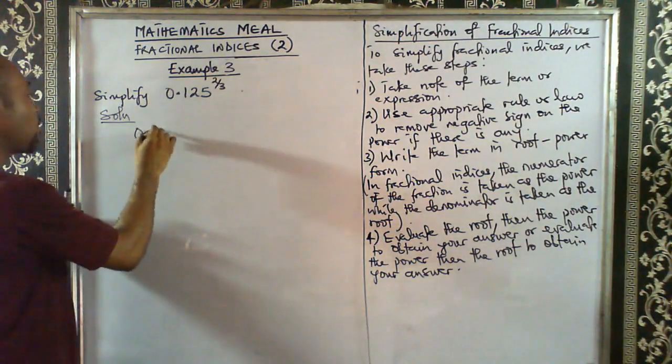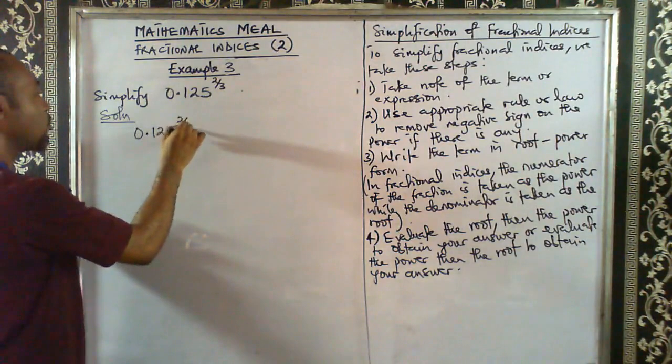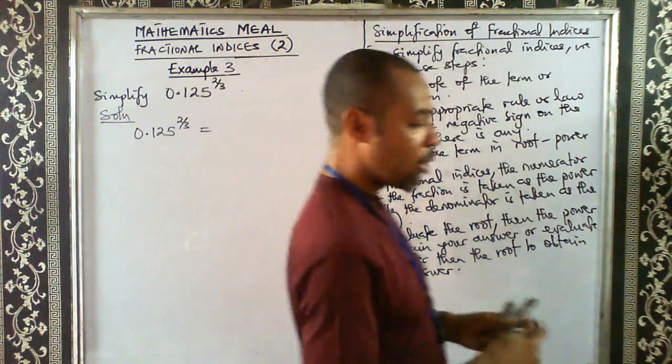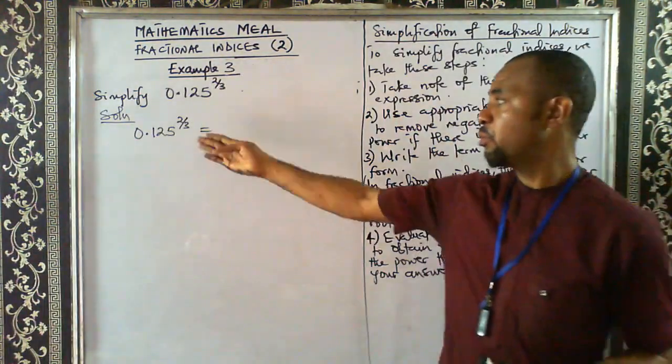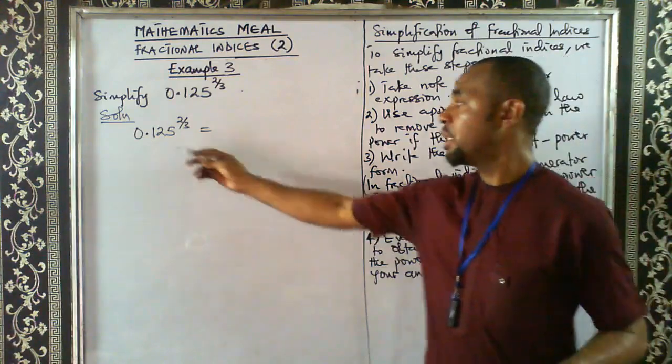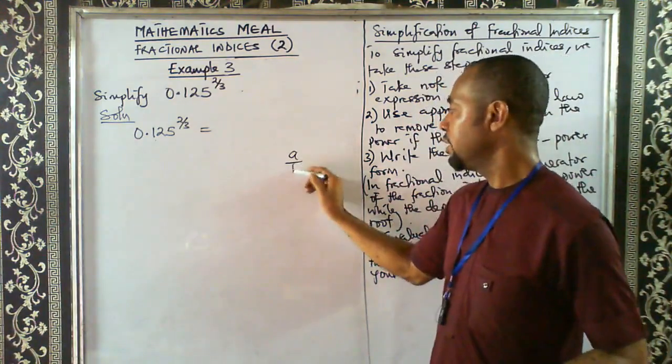So 0.125 raised to power 2 over 3. How do we handle this? Number 1, whenever we have a decimal fraction, we have to change it to a vulgar fraction. So we'll write it in this form.